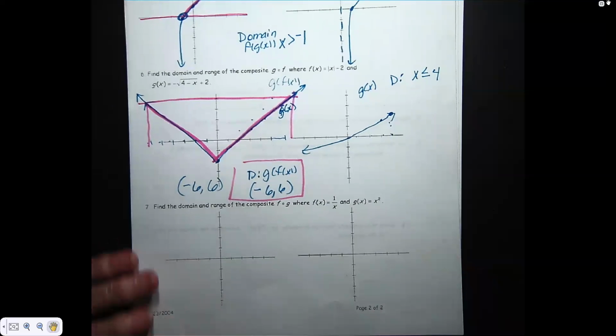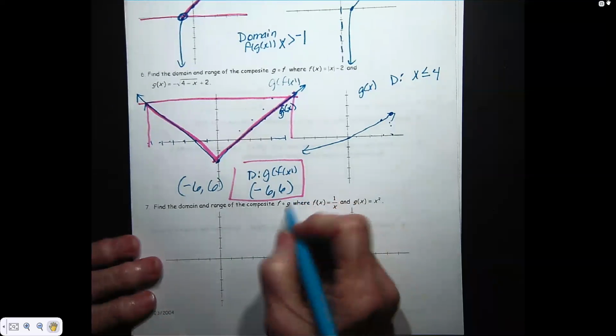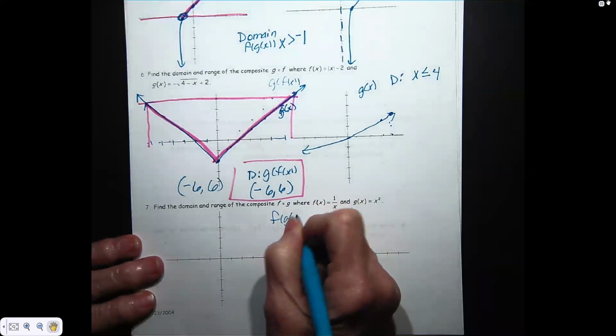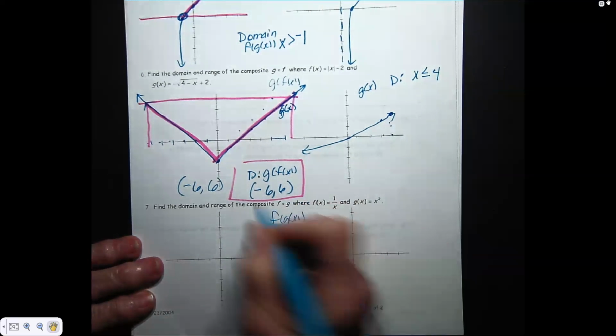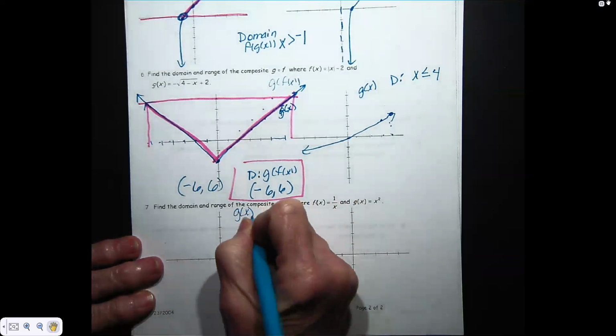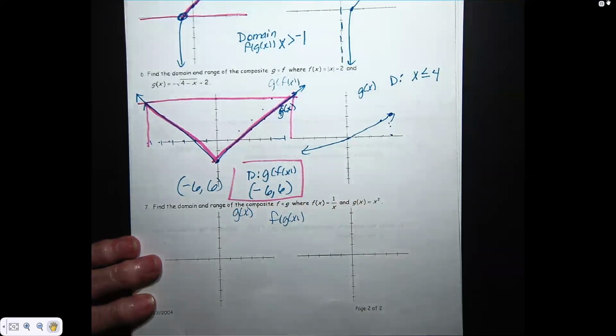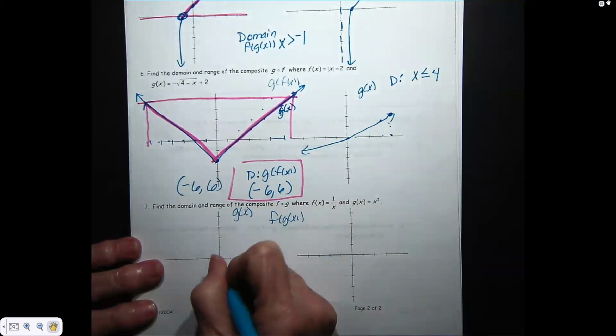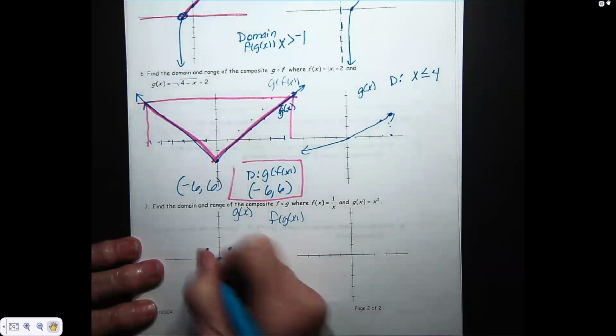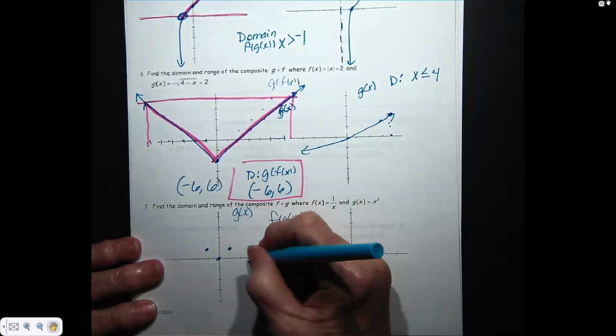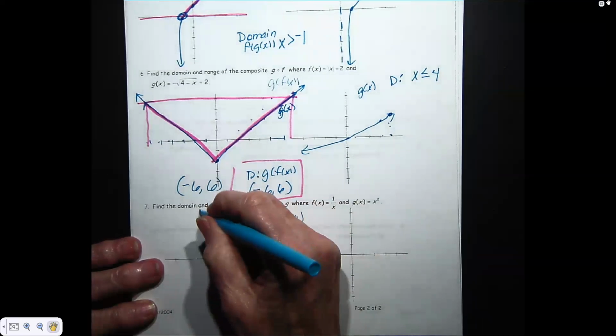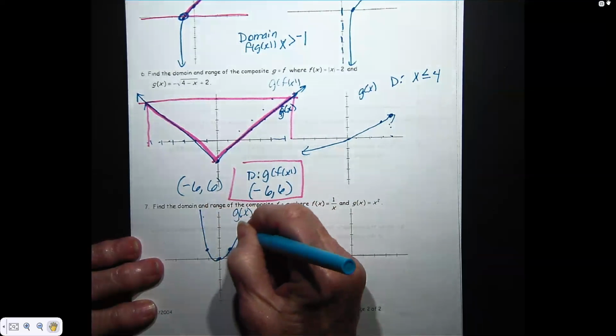All right, last one. Find the domain and range of the composite. So I'm doing f of g of x. And g of x is going to be over here. And it is x squared. So I have this function.